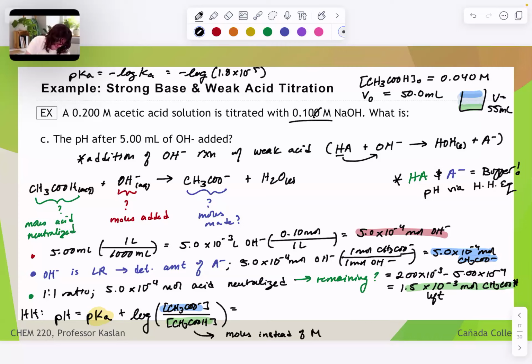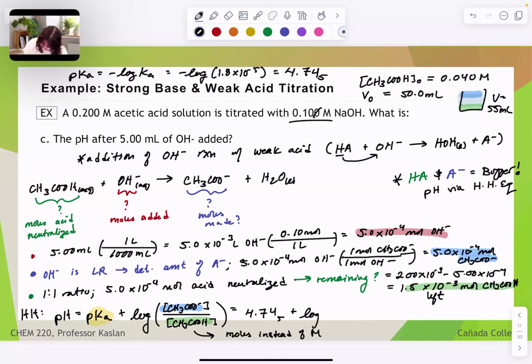All right, so 1.8 times 10 to the negative 5, and then we're going to take the negative log of that. All right, this gives me a pKa of 4.745.